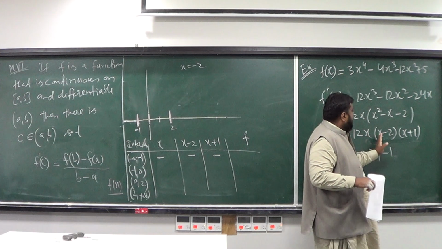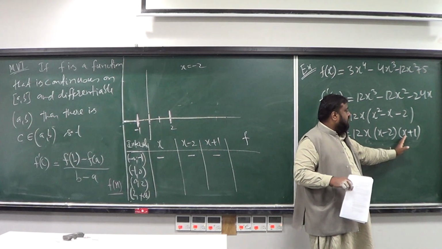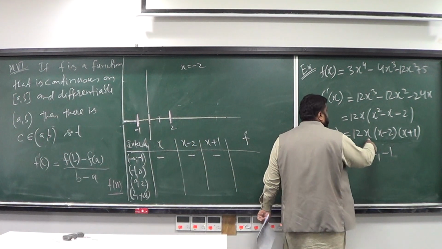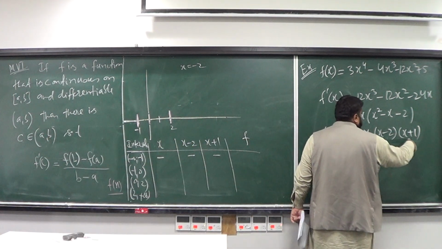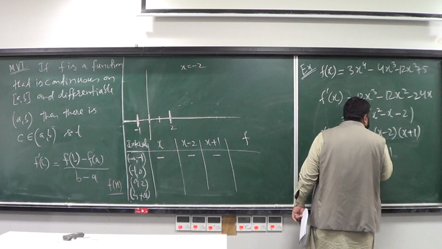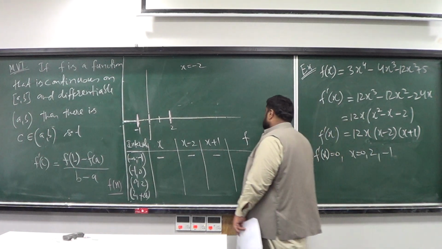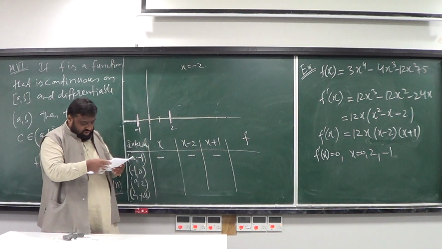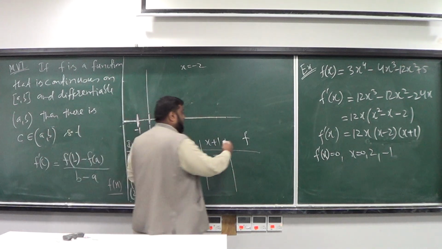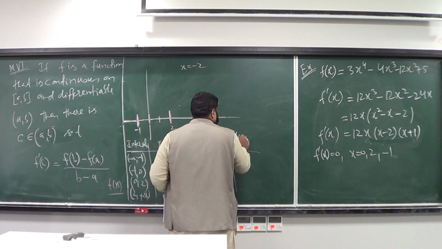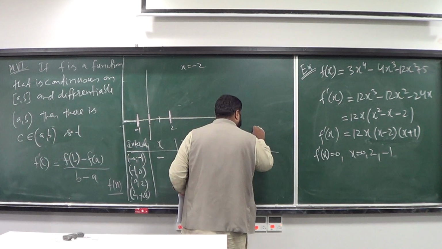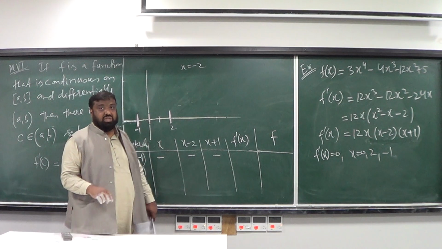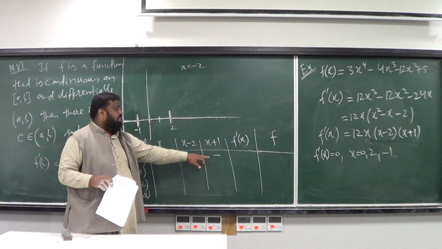Now, f prime of x is what? It is x multiplied by x minus 2 multiplied by x plus 1. So in this interval, x is negative, x minus 2 is negative, x plus 1 is negative. So what would be the product of three negative numbers? Let me put f prime of x and have a column for that. What would be the product of three negative numbers? So minus minus plus and plus minus minus actually.